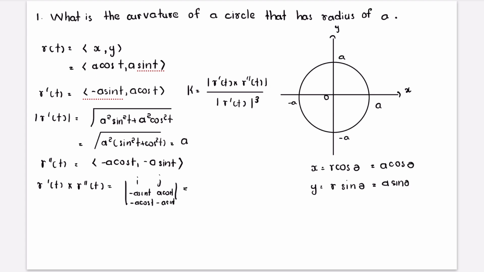This is equal to, it is the cross product, so a square sin square t plus, so minus a square cos square t. So this is a square sin square t plus a square cos square t. So the answer is a square, because sin square t plus cos square t is 1, right? So we have everything we need.